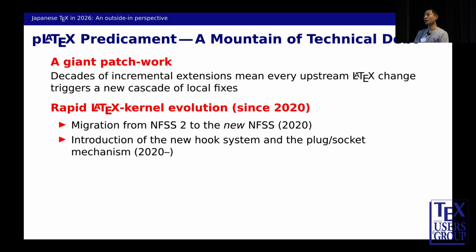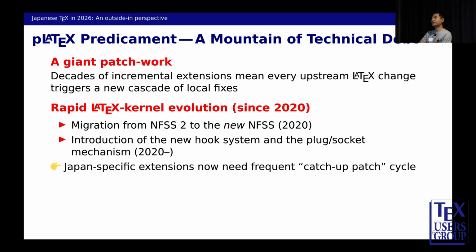And also nowadays, because of the tagging project and the full revision of the pLaTeX kernel implementation, they made quite a lot of changes, including the migration of the font selecting system and introducing a new hook system. So we have to catch up with these updates for the patching.